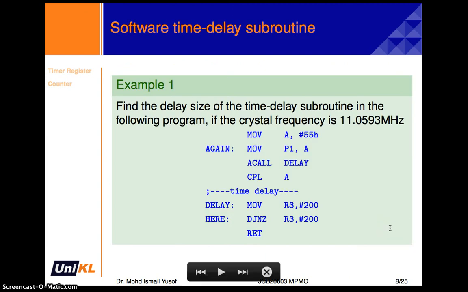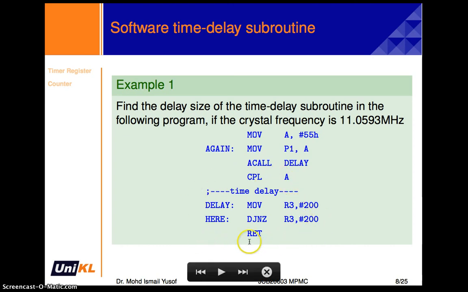One example, in fact we have done it many times in class: find the delay size of the time delay subroutine in the following program if the crystal frequency is 11.0592 megahertz.